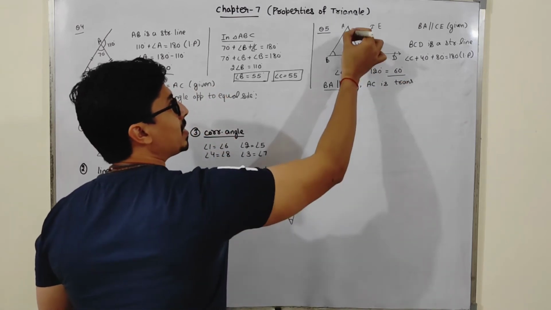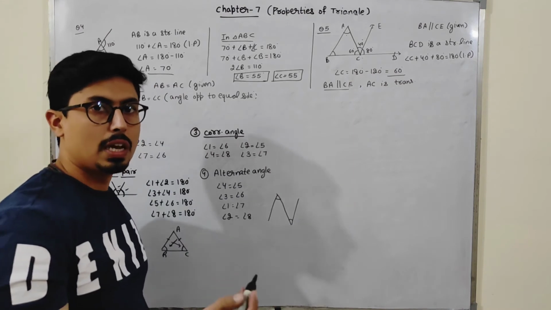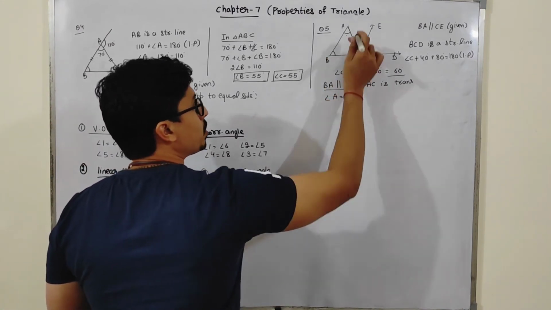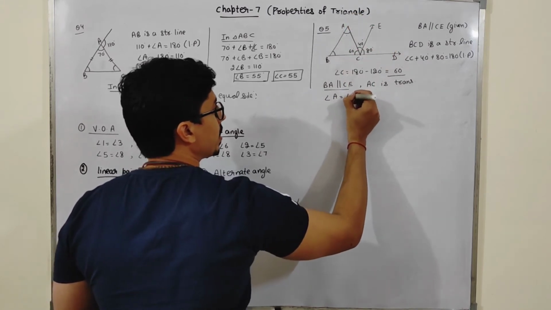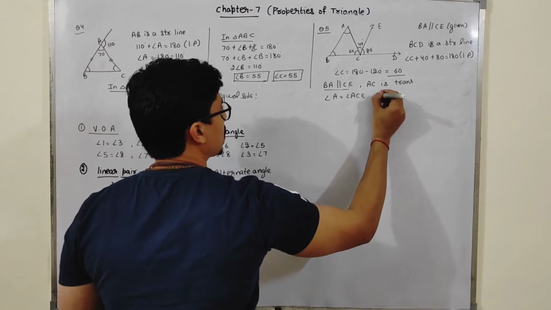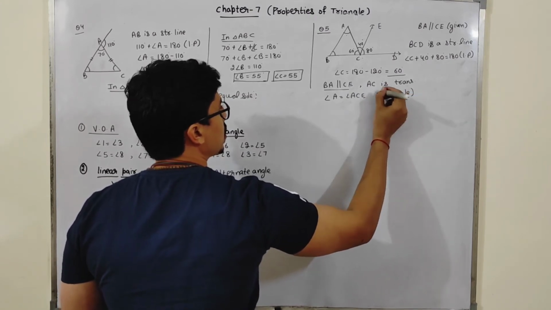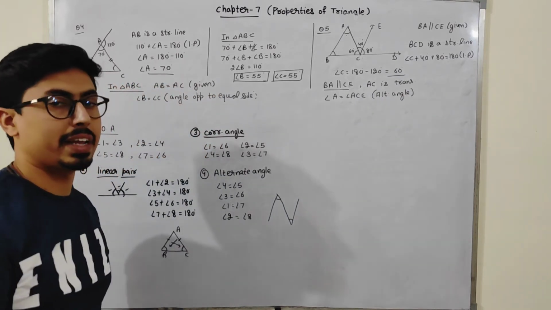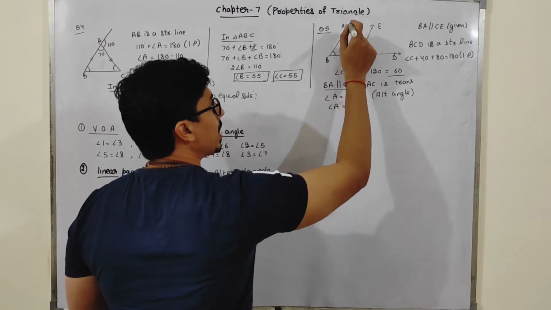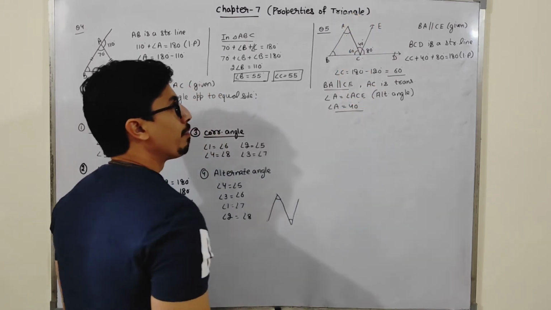So I can say that this angle A and this 40 degrees will be equal because of alternate angles. So angle A is equal to angle ACE. So the value of angle A is 40 degrees now.